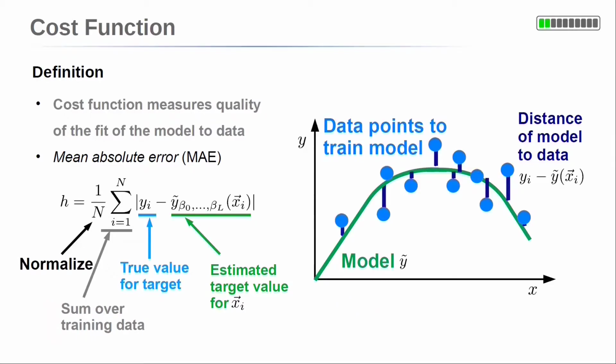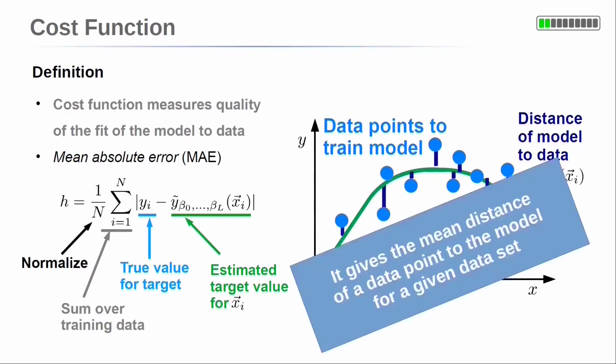The expression is normalized by the number of data points in the given data set, capital N. This is why the cost function is denoted as mean absolute error. So, it gives the mean distance of a data point to the model for a given data set.